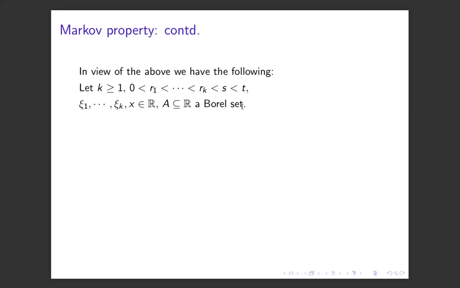So we are going to talk about the probability that B_t takes value in A given B at all these time points equal to this. And we will see that these things do not matter. That precisely is your Markov property.